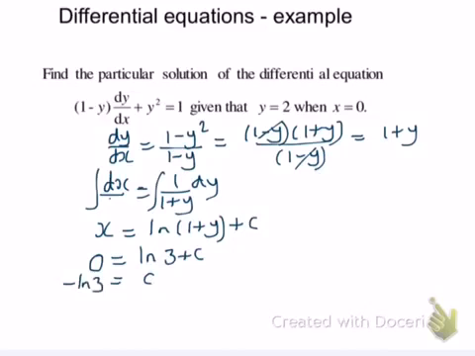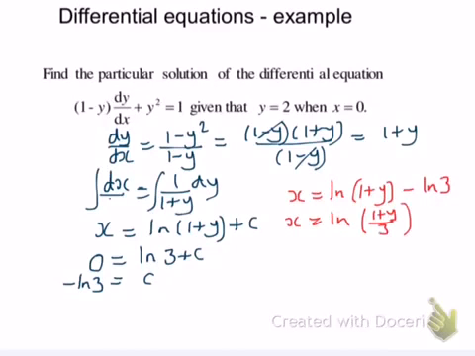Right, so now I can write my function for x. I can now say that x equals ln(1 plus y) minus ln 3, and using my log laws, ln of (1 plus y) over 3, and that means that e to the x is equal to (1 plus y) over 3.